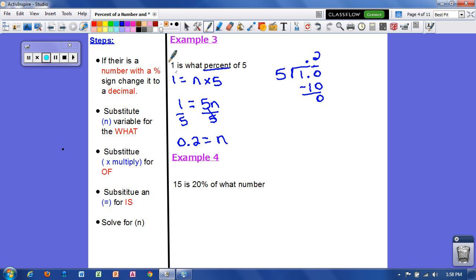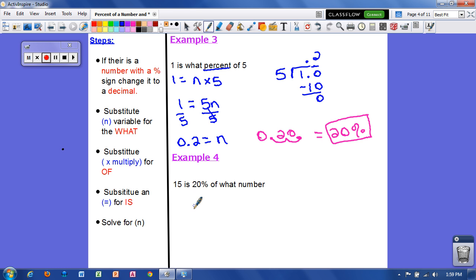So I need to take 0.2 and change that to a percent. So if I'm going from a decimal to a percent, that means I'm going to dip to the right. So I want to move my decimal 2 places to the right. This empty space just means I need to put a 0. So that equals 20%.